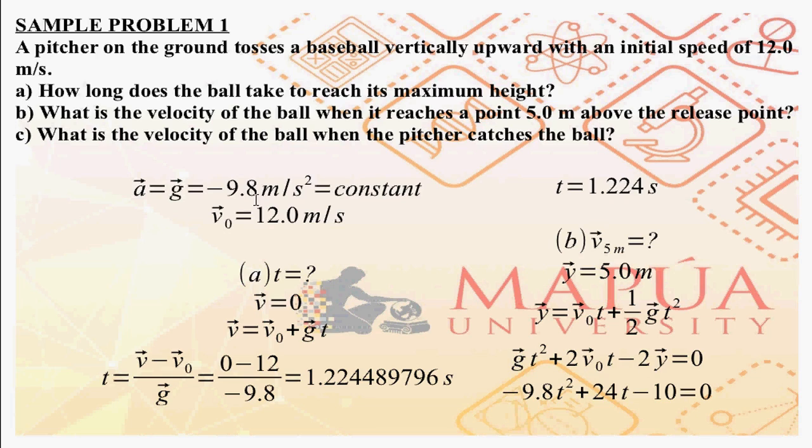We know g, we know v naught, and we know y. Plugging in those values, we get the following equation: negative 9.8t squared plus 24t minus 10 equals 0. We have a quadratic equation.